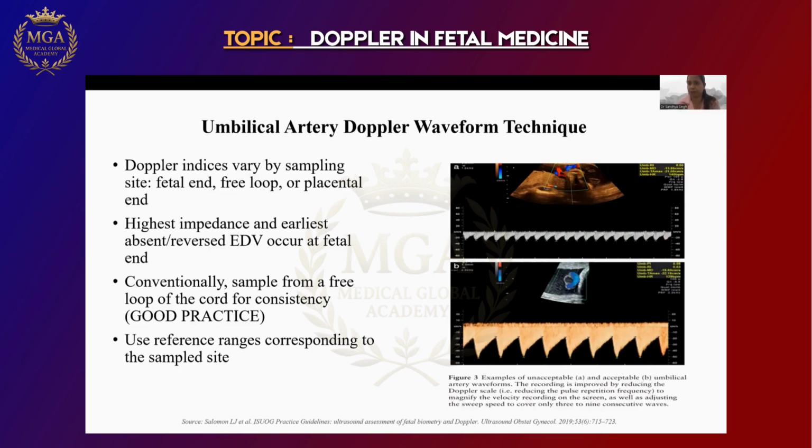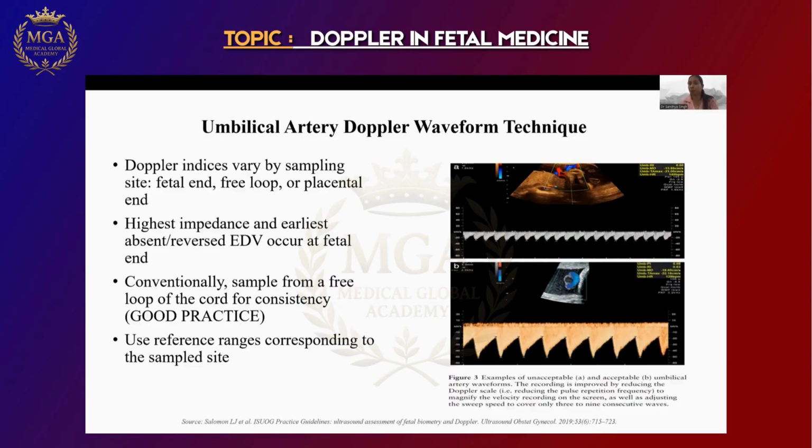Which end do we prefer? There is a difference in the value if you do at placental end, fetal end, or the free loop. Mostly we do the free loop because whatever graphs and charts we have for calculating the PI percentile is for free loop. You can do at fetal end. Fetal end has highest resistance. And you can do at placental end, which has the least resistance.